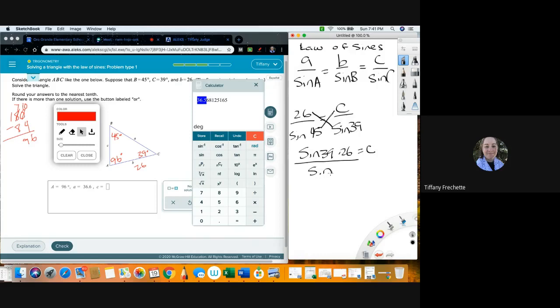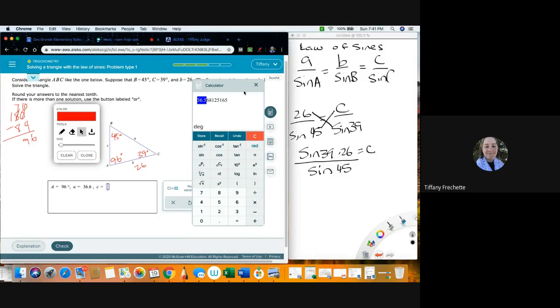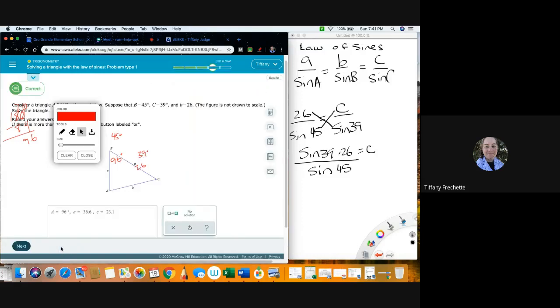So I'm just skipping that little step and just going ahead and putting it on the bottom there so that it's a little simpler. Sine of 39 times 26, I'm going to highlight the whole thing and divide by sine of 45. All right, last time here, we just need to make sure we're rounding to a tenth. 3 is smaller than 4, so we're going to leave it 23.1. Check. All right, we finished that one.